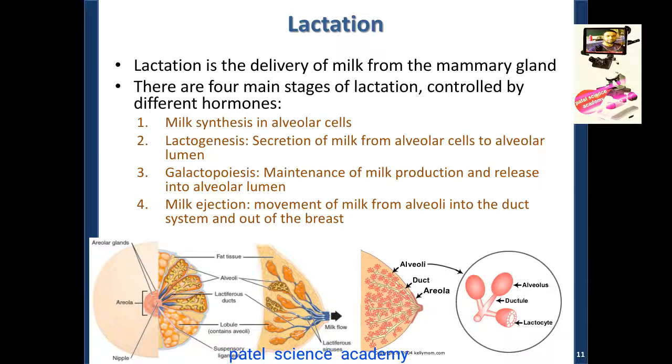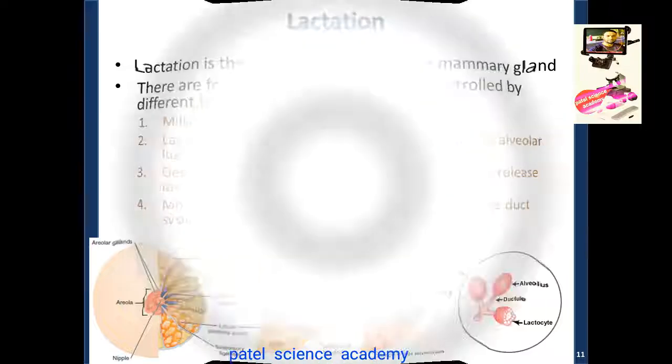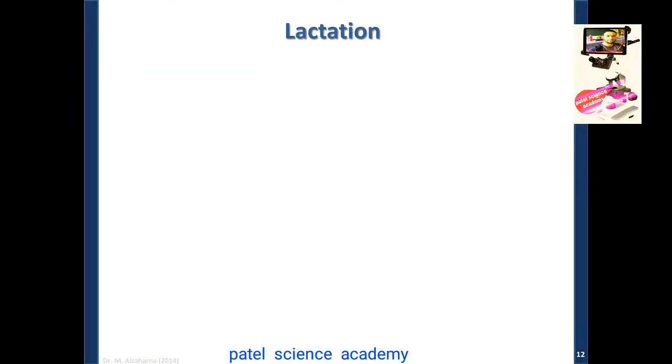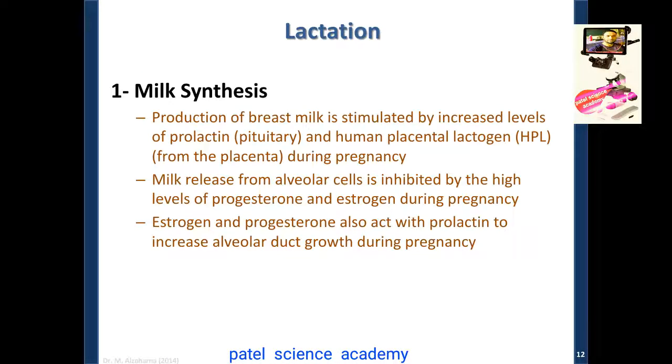So lactation is nothing but the process of delivery of milk from the mammary gland after the parturition, after the birth of the fetus from the female body. Then some more detail of the lactation.